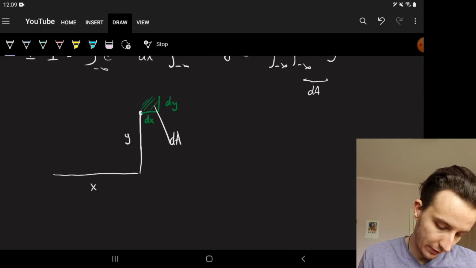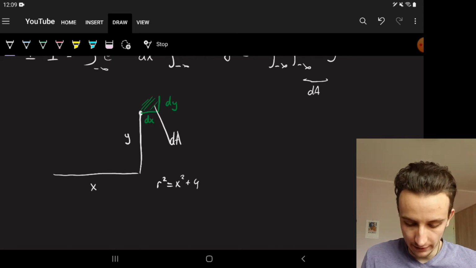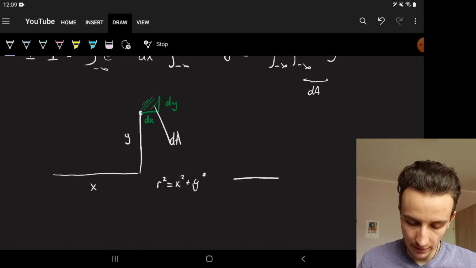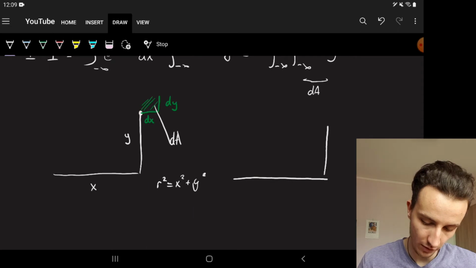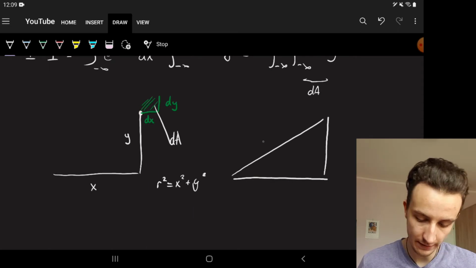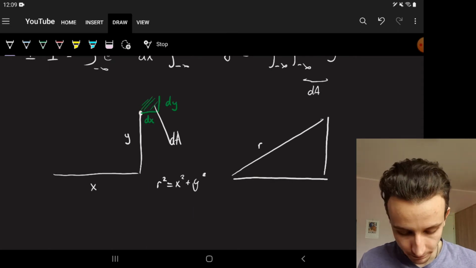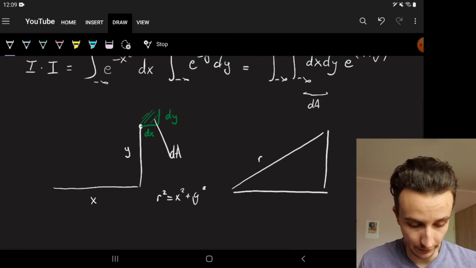Now, if we choose the polar coordinates where r squared is x squared plus y squared, then this same thing, I could draw this as r, right? This would be r from the Pythagorean theorem.